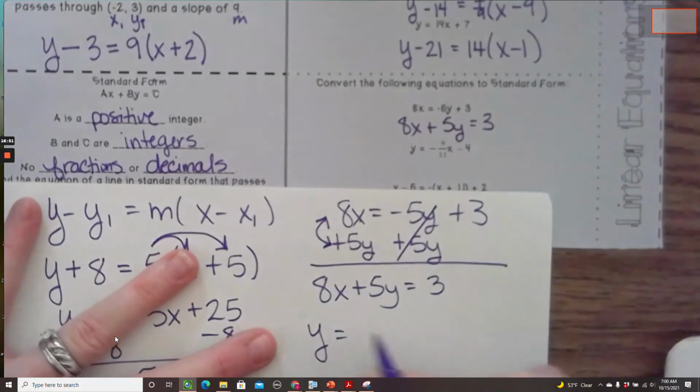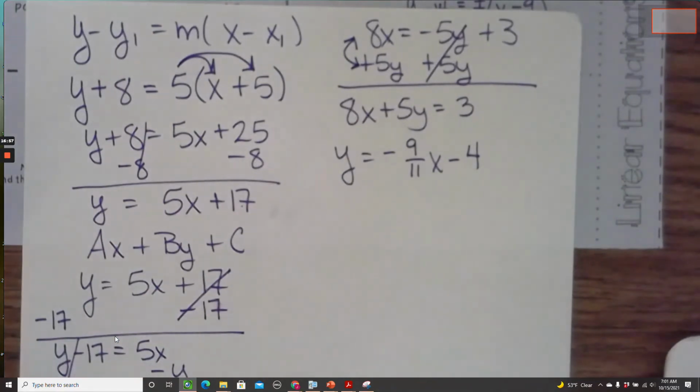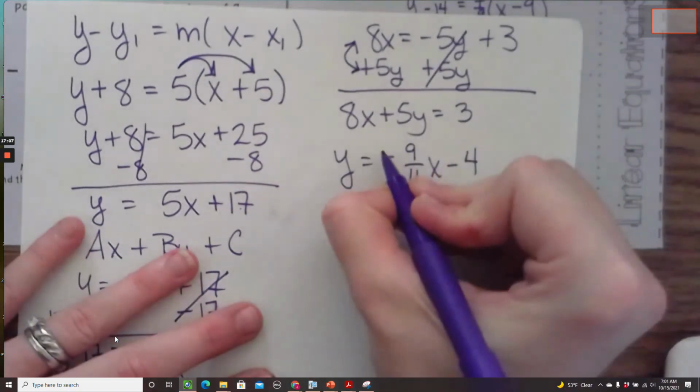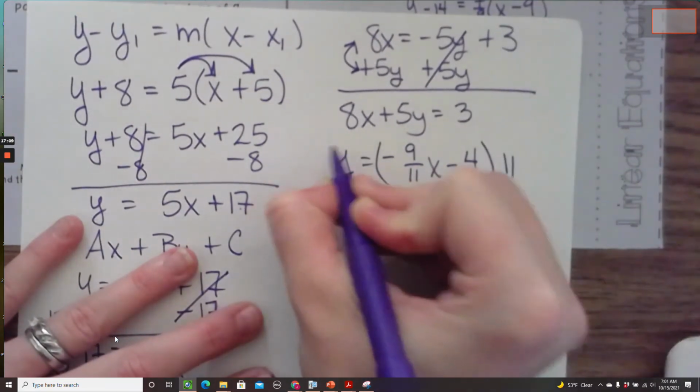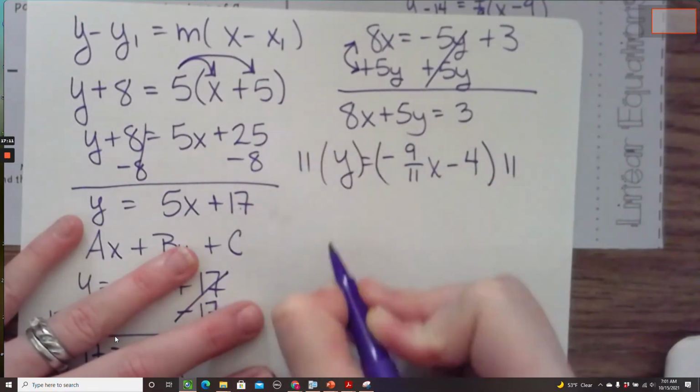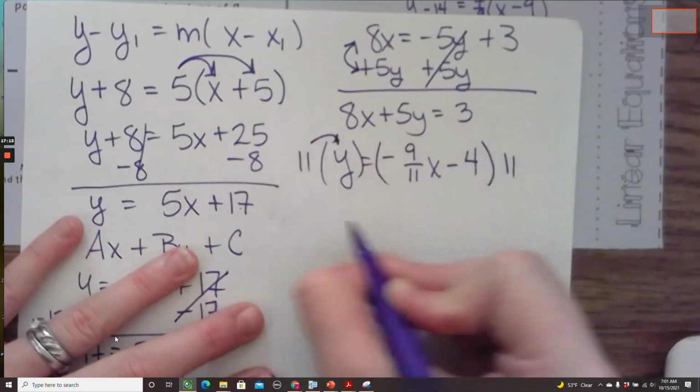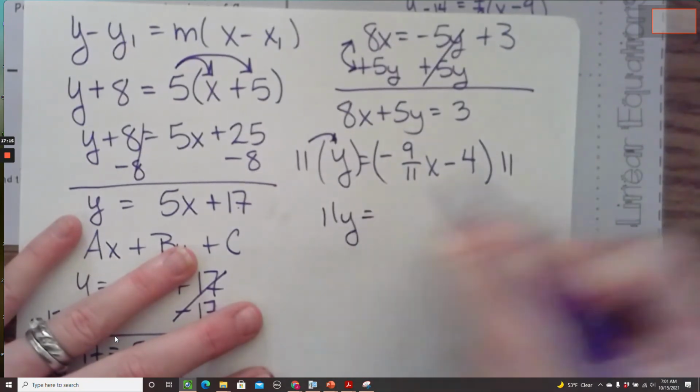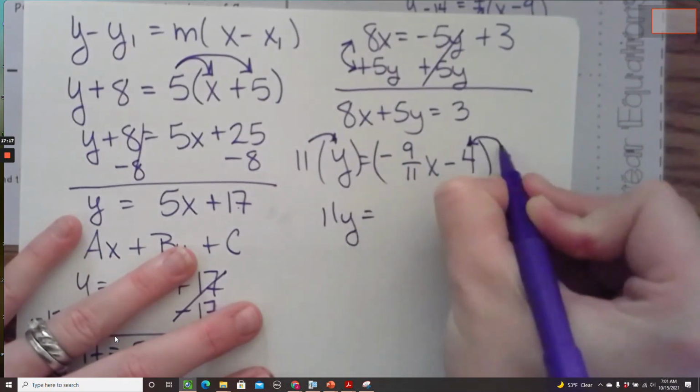All right, the next one is in slope-intercept form. So the first thing that I notice is I have a fraction. I need to get rid of that. So what we're going to do, we're going to multiply both sides by 11. So over here, I would have 11y. This 11 I would have to distribute.